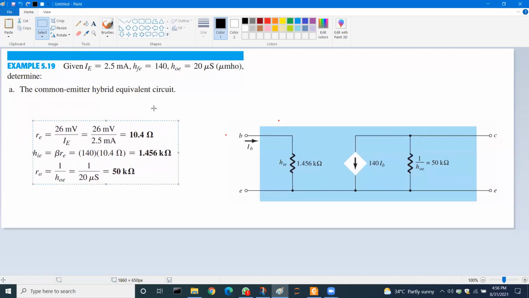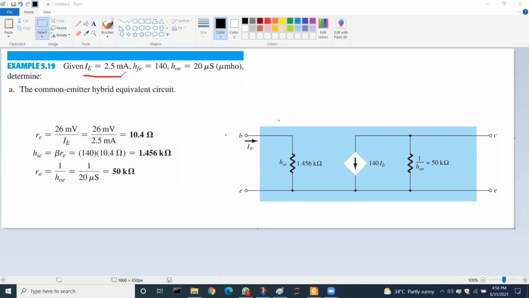Okay, now everything is on one page. Now we can easily understand these things. Okay, so what is given here is IE, HF, and HO. HF is given, and we can write HF right away to here, because in the original model we have to write here HFE.